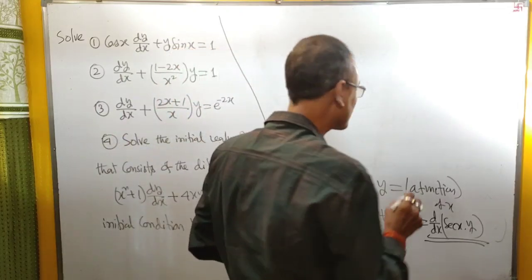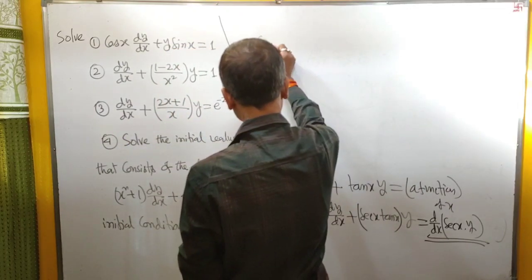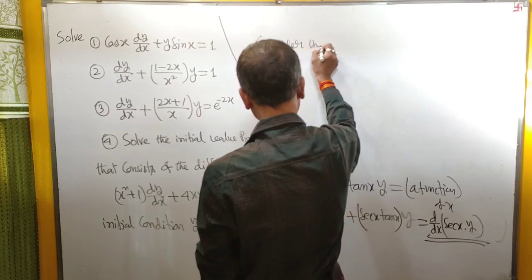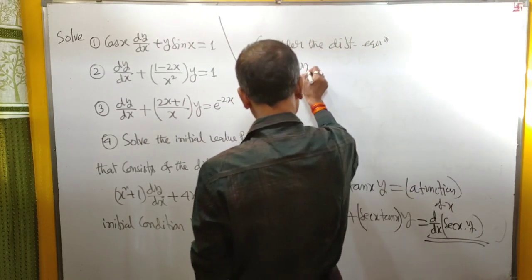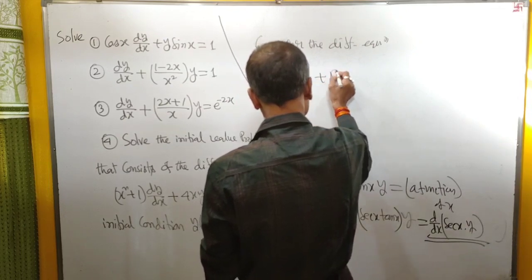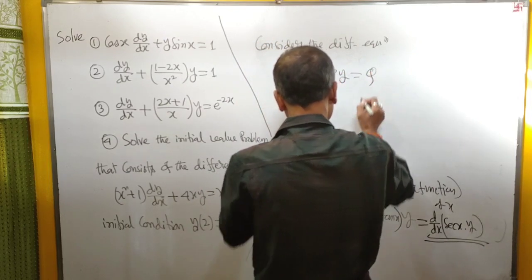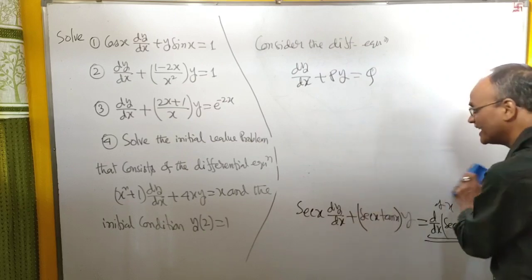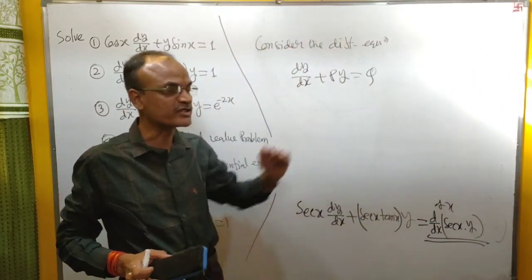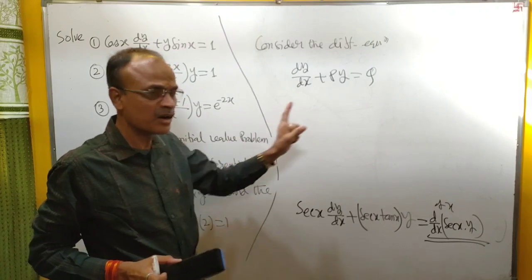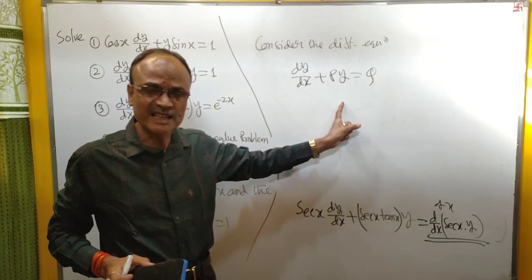Consider the differential equation dy by dx plus py equal to q, where p and q are functions of x alone or constant. Now suppose r is the integrating factor.